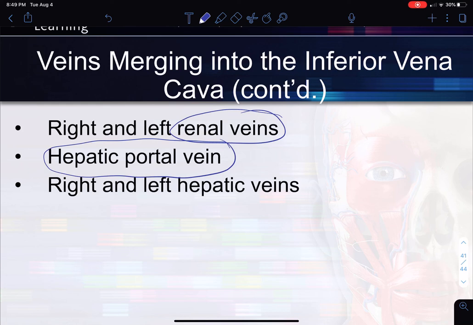This makes sense because everything in the lower half of the body hasn't really been exposed to anything that might have toxins in it, versus everything in the digestive tract might have toxins in it. So it needs a second set of filtration. It's going to be filtered through the liver, and all of that blood is going to be pulled and dumped into the hepatic portal vein, which dumps into the liver, and then out via the right and left hepatic veins.